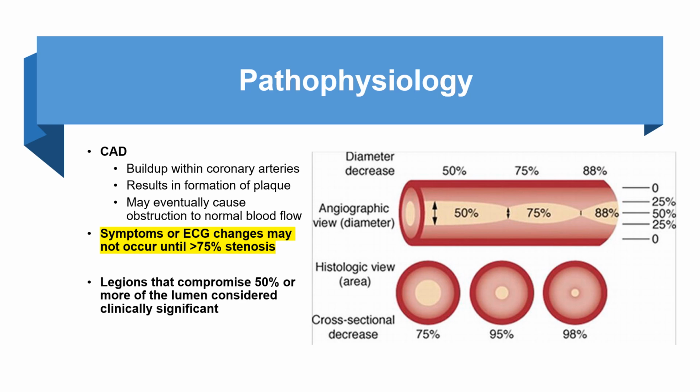You have two ways of looking at it in this picture. You have the narrowing from cross-dimensional, but also looking at it straight on. And when you get to 75% occluded of the cross-sectional decrease, you start to see changes on the EKG or more symptoms.